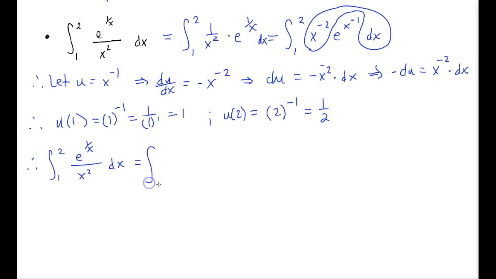And that's going to be the same as, with the new limits of integration, we can replace the 1 over x squared, which we're rewriting as x raised to the negative 2 times dx, with minus du. So we'll do that and put the du there. And then, of course, we have just e raised to the u.